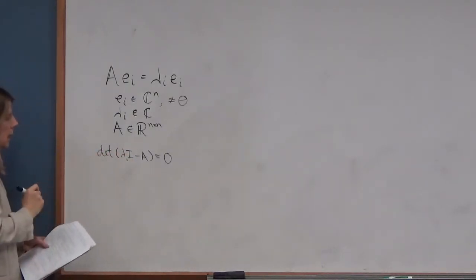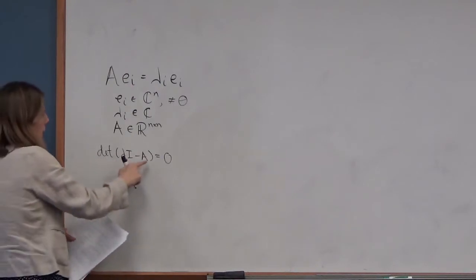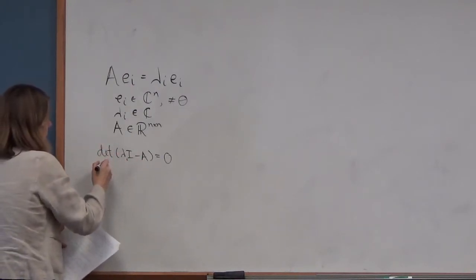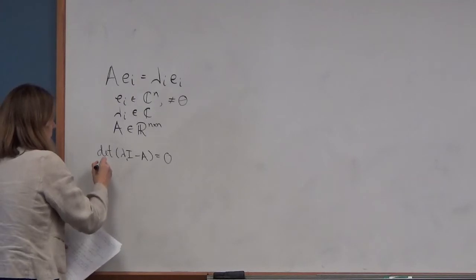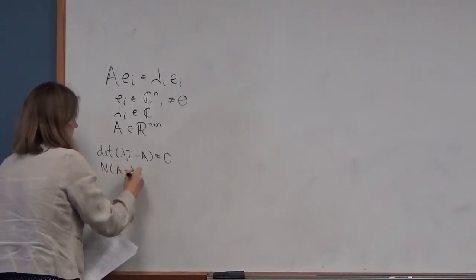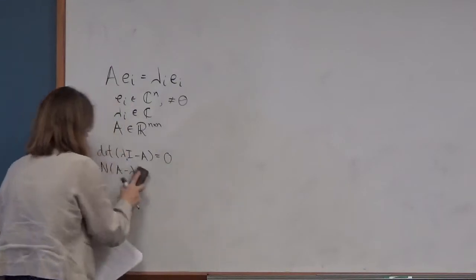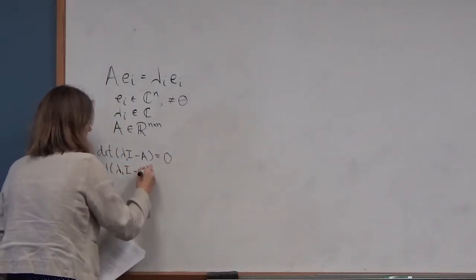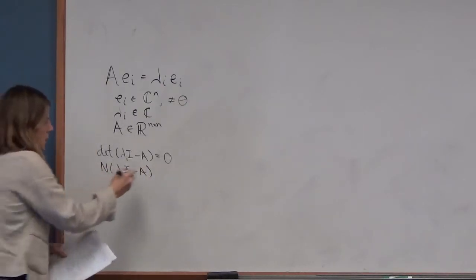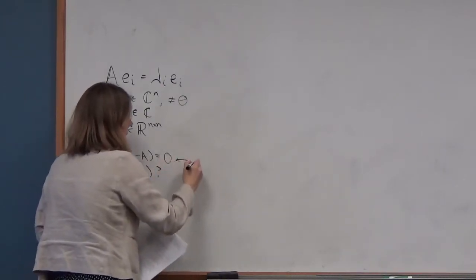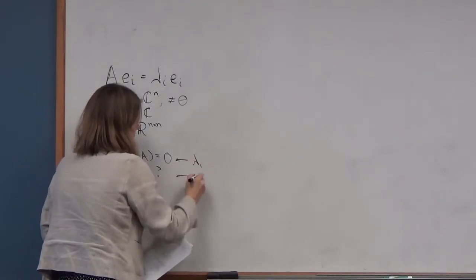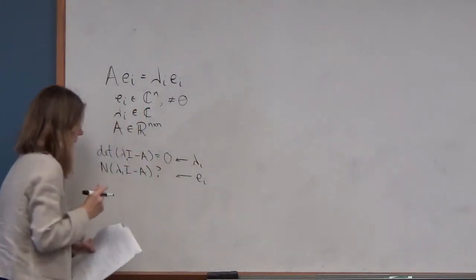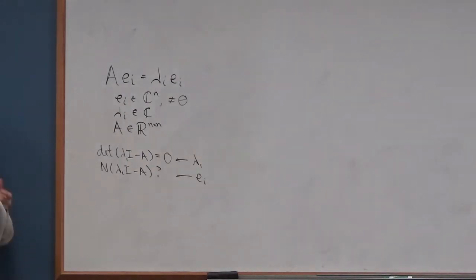So we solve for lambda_i, and then we solve for the eigenvectors by determining the null space of lambda_i I minus A. This is how we compute the eigenvalues lambda_i, and the eigenvectors corresponding to eigenvalue lambda_i. That's the procedure, and I think all of you have seen that before.